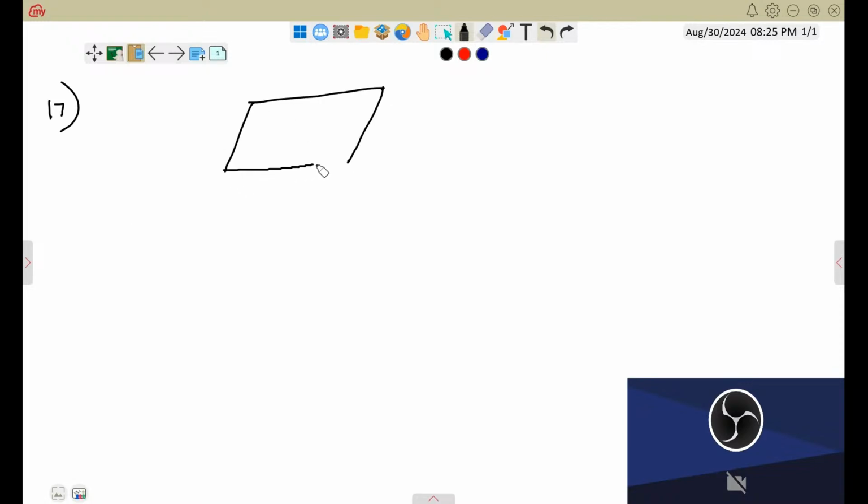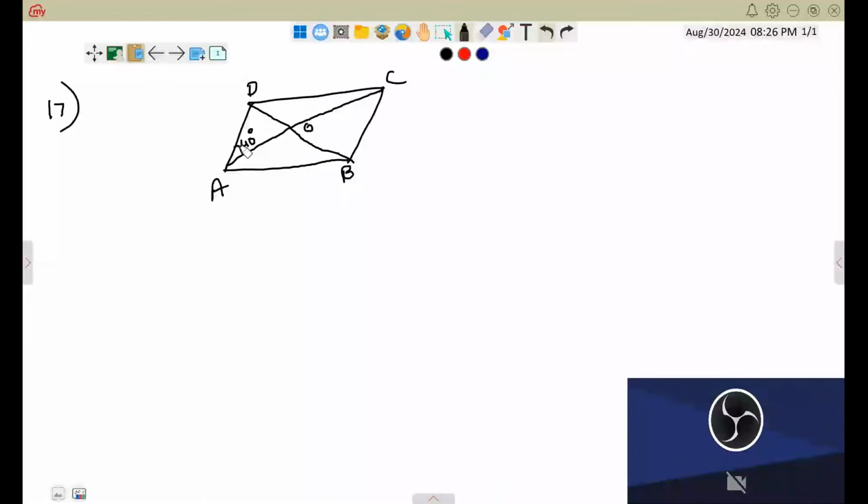What are the properties of a parallelogram? Opposite sides are parallel and equal, and the diagonals are bisecting each other. Here AC is a diagonal, BD is a diagonal. And the joining point is O. What are the angles given? Angle DAO is given as 40 degrees.